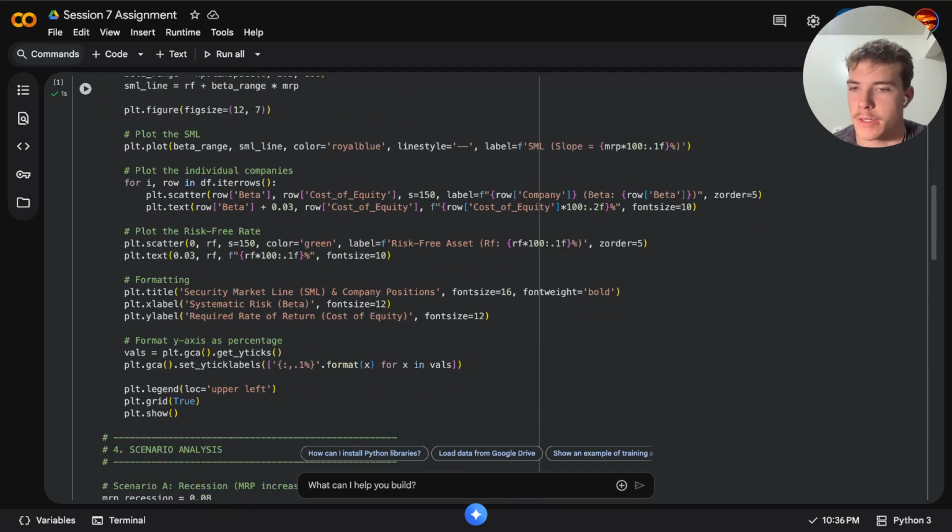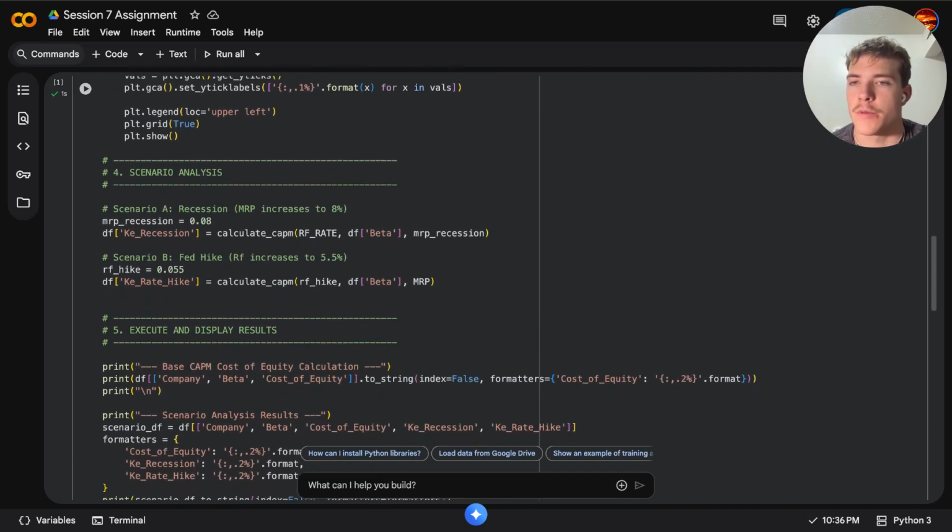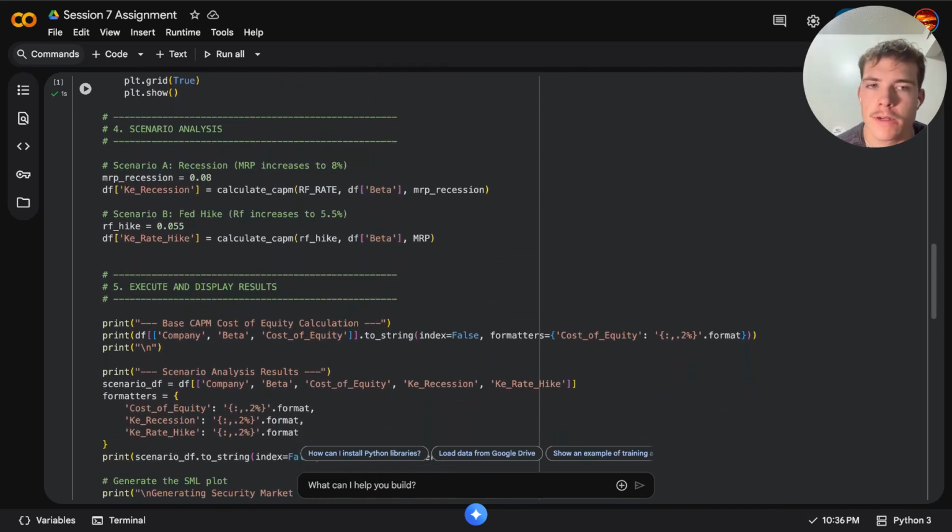But before that, we will go to section 4. The baseline numbers are just a snapshot. We know the market is volatile. Our represent phase demanded that we model this uncertainty in the market. So our next code section is performing a crucial scenario analysis.